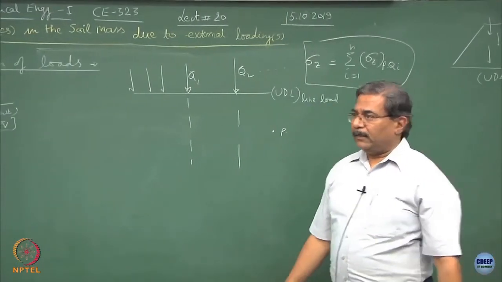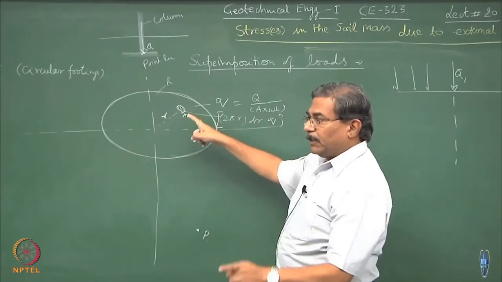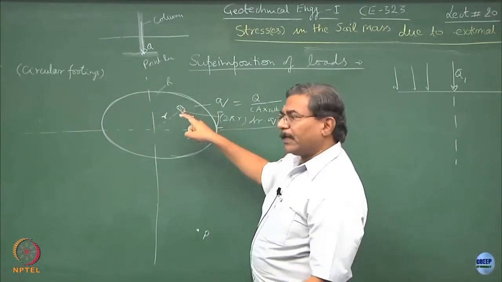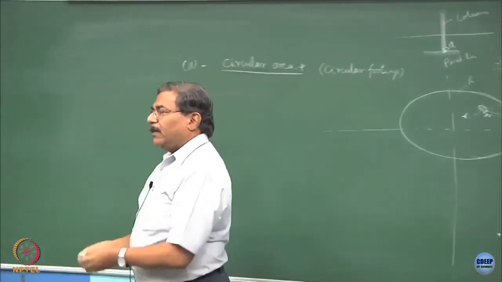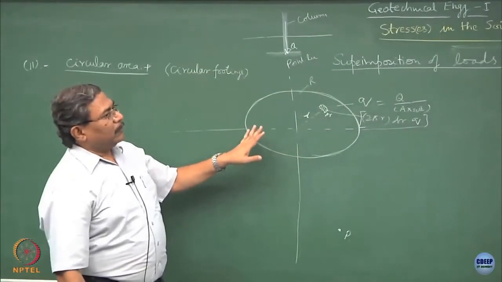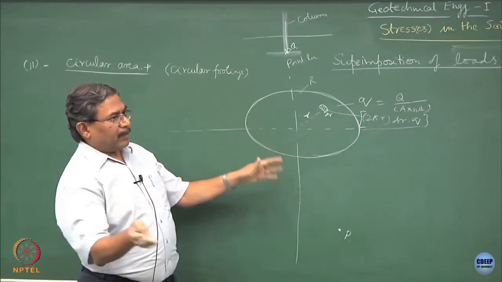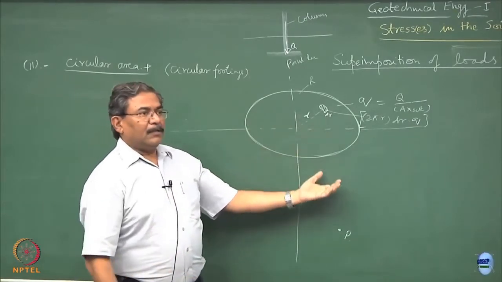Nothing so great. What I have done is take the entire circular area with uniformly distributed loading and convert it again to a point load, assuming that the circular loading is also an assembly of several point loads acting on the soil mass.